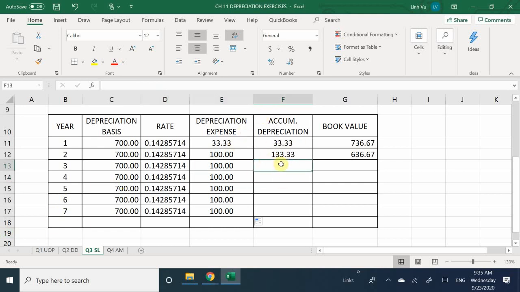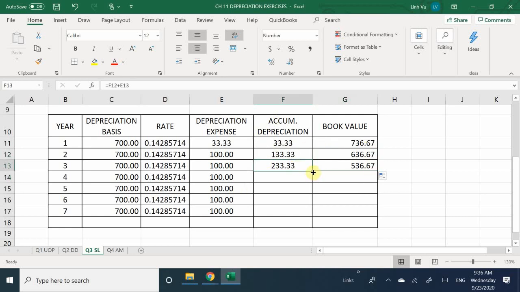What is my accumulated depreciation for the second year? 233.33. And book value is going to be? 516.67. Yes. So basically, we're adding 100 here and we're subtracting 100 from here.